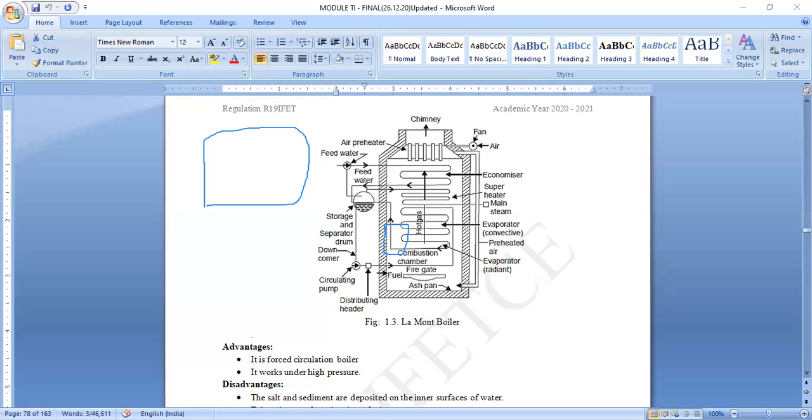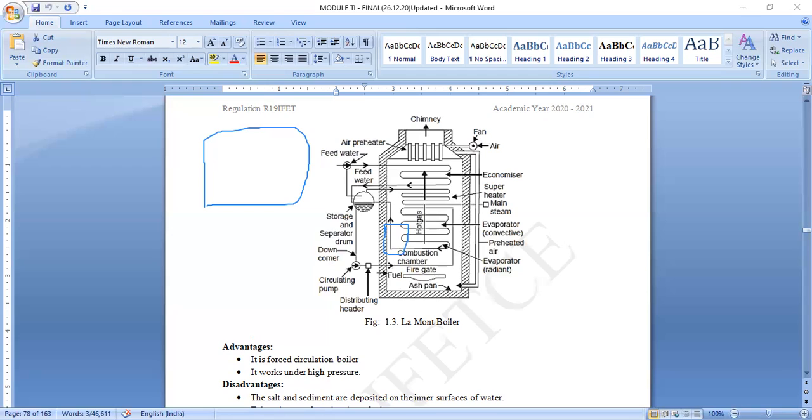Only superheated steam expands over the turbine, so that the turbine rotates. Then it rotates the generator, where the electricity is produced.